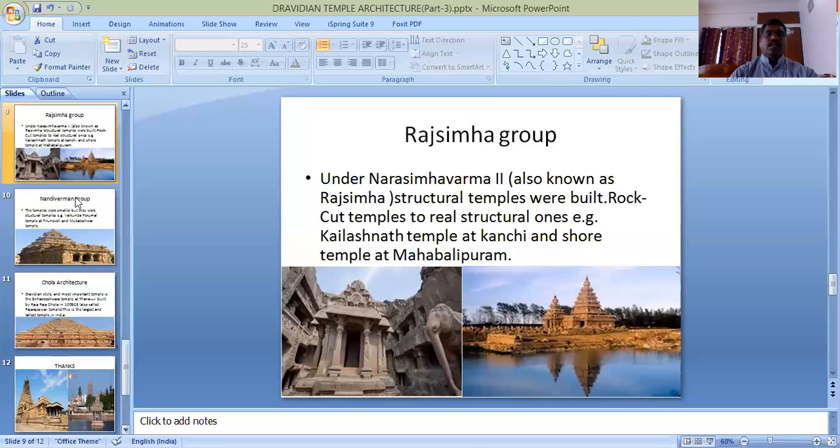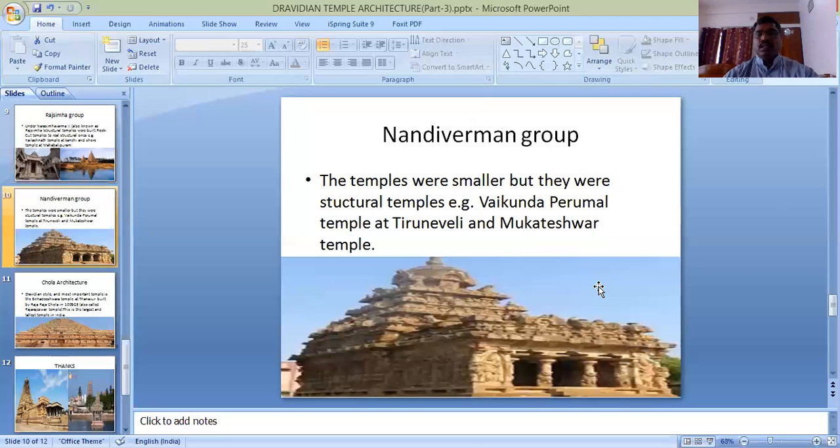And Nandi Varman group, the temples are smaller but they were structural temples, that is the Vaikuntha Perumal Temple at Tiruvennali and Mukteshwar Temple. That means Nandi Varman group temples are specified as smaller in size, but they were structural temples.